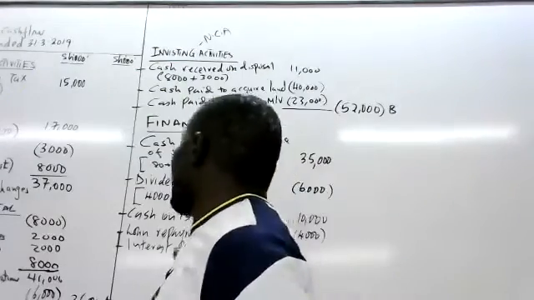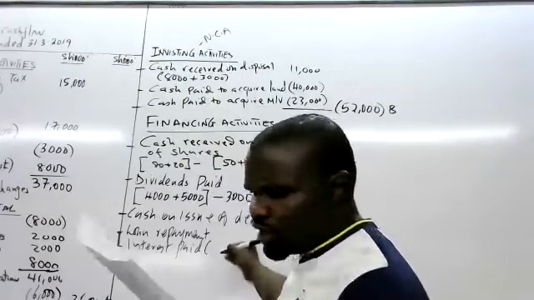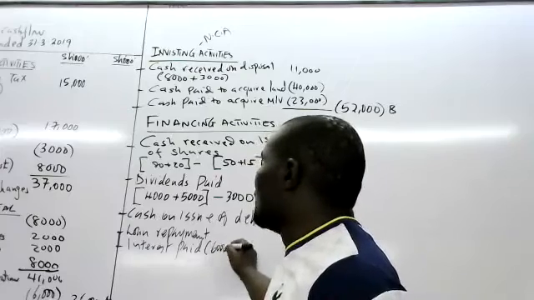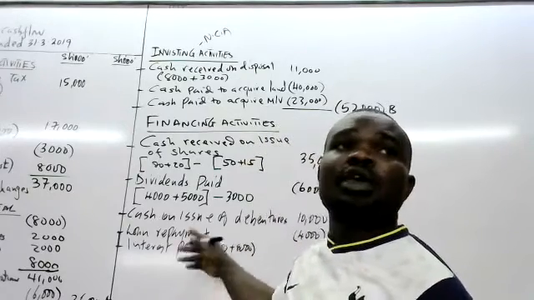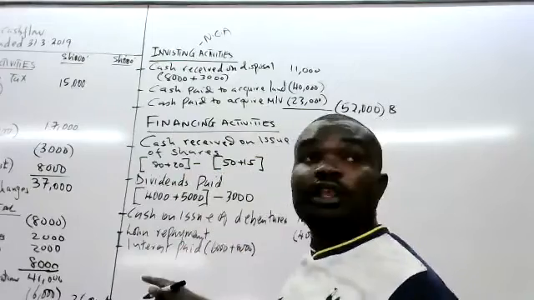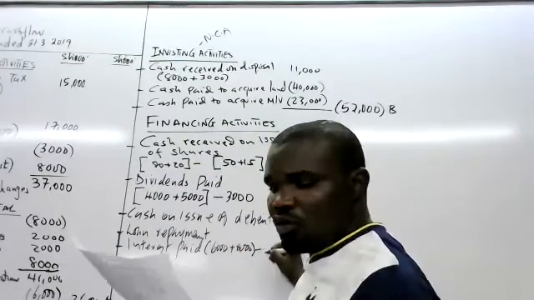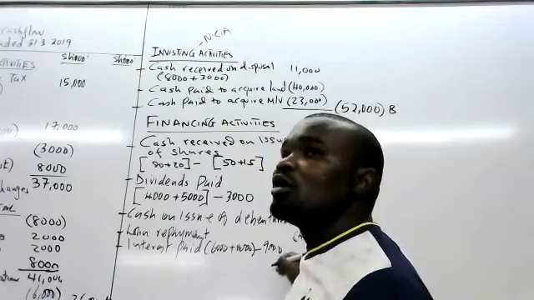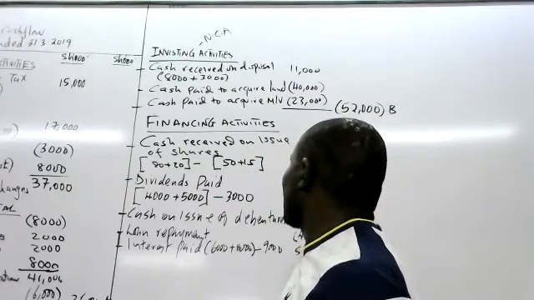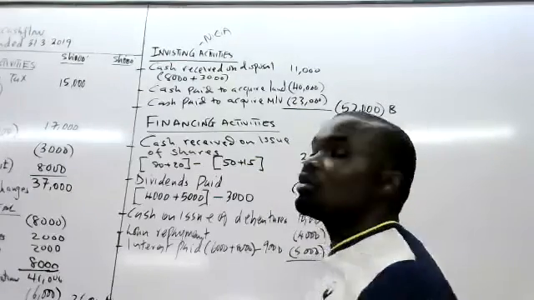So when we started the year, we had not paid interest worth 6. During the year, we were charged another one of how much? 8. Meaning we are supposed to pay 14. But examiner is saying no. What remained outstanding is how much? 9. Meaning they paid 5.